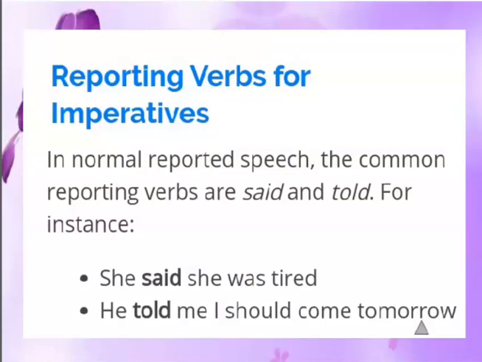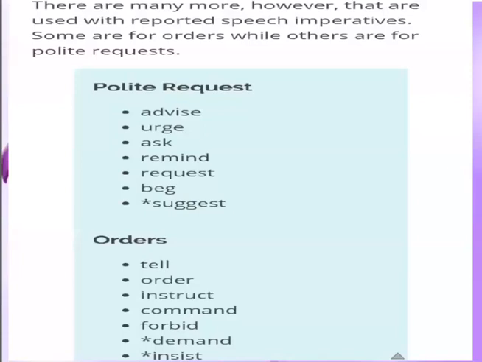Those are the common verbs we use. But I need you to know that there are many more verbs that are used with reported speech imperatives. Some verbs are for orders, while others are for polite requests.